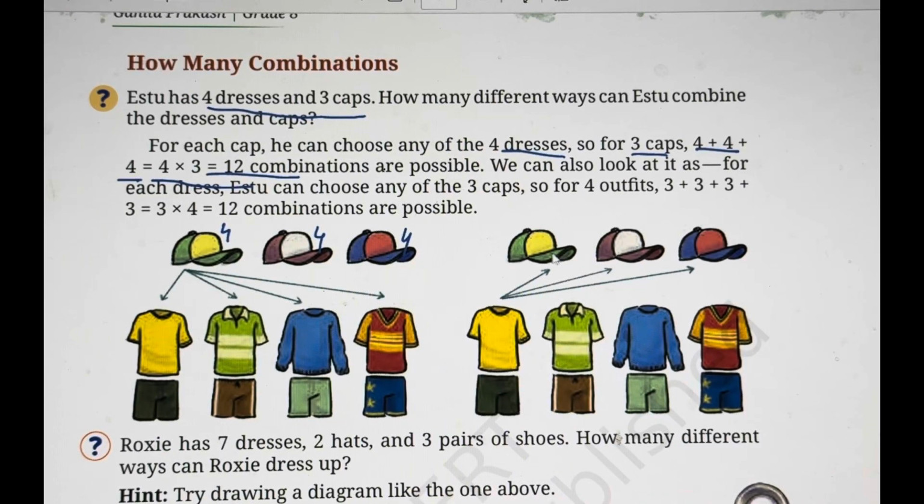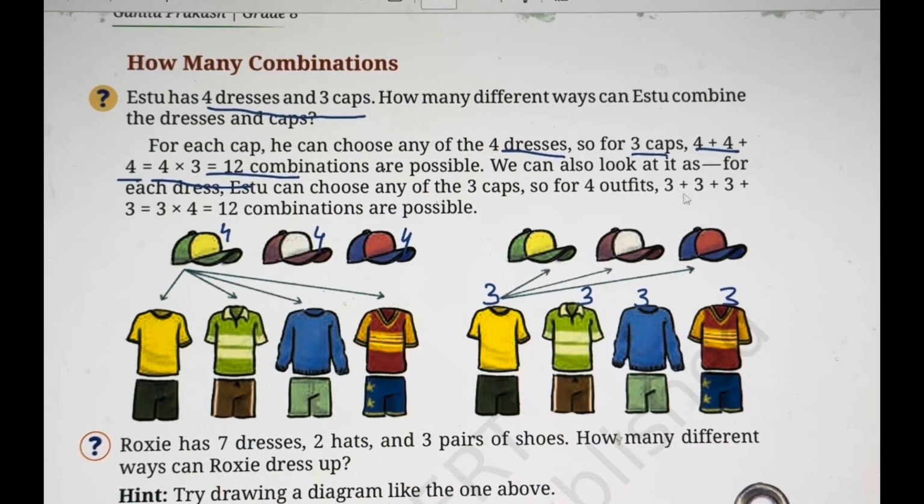We can look at the dress now. Like he chooses this dress, that I want to wear this dress. So what are the options? 1, 2, 3: 3 caps for the first dress. Similarly, for the second dress, 3, 3, 3. For each dress, there are 3 caps option possible.